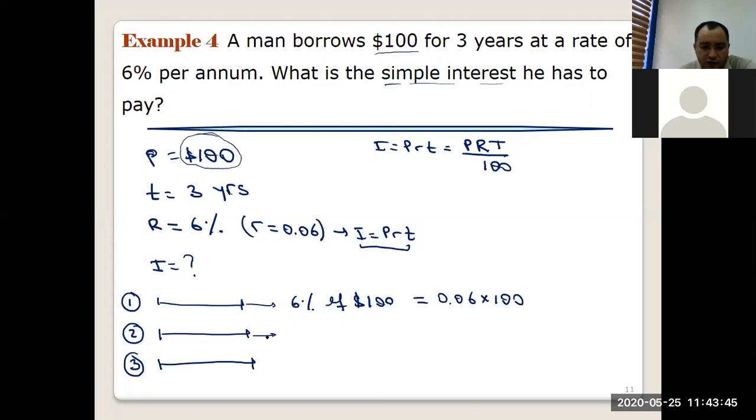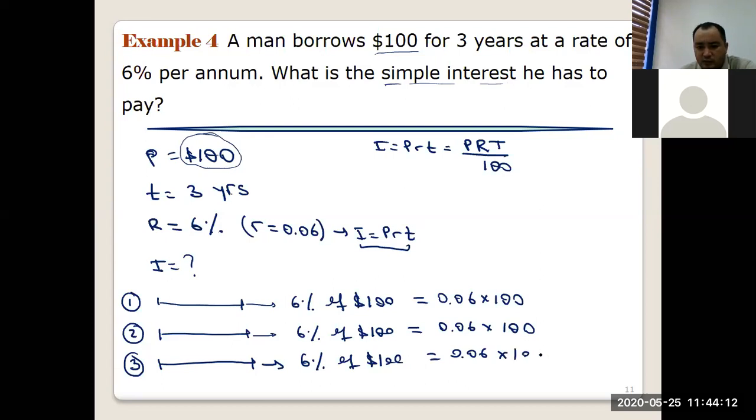That is due already. So again, you have used this $100 for the second year. Now we have to pay 6% of $100 for the use of this money, which is equal to 0.06 times $100. And the third year, the same thing repeats. It is 6% of $100, equal to 0.06 times 100.